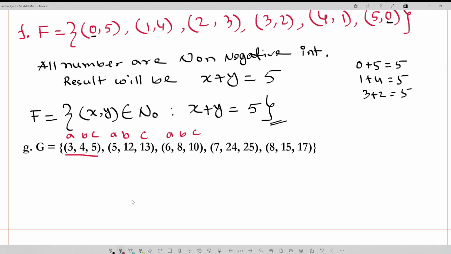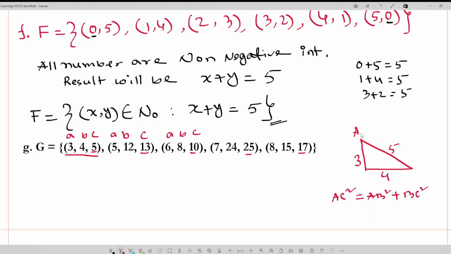For this one we can think of a very important matter. Suppose we consider a right angle triangle, suppose 3, 4, 5. Look, the last one is the bigger, right? 5, 13, 10, 25 and 17. So if you consider a right angle, we know AC square equals to AB square plus BC square, right?